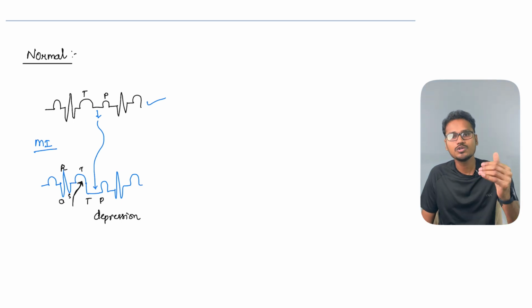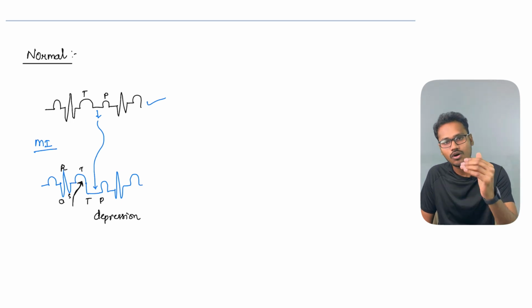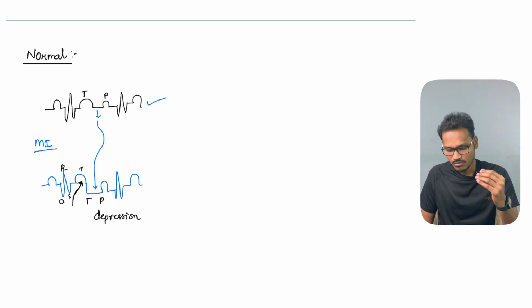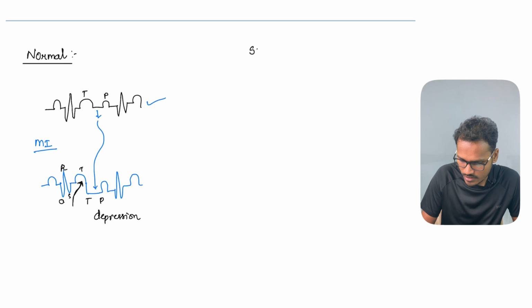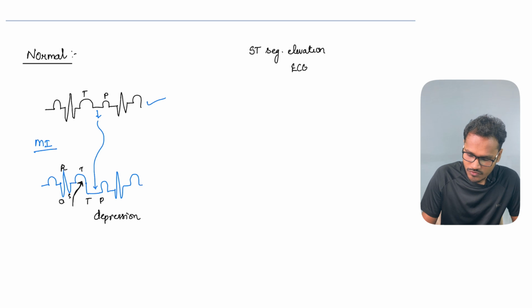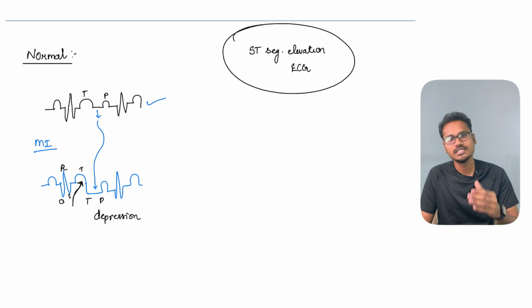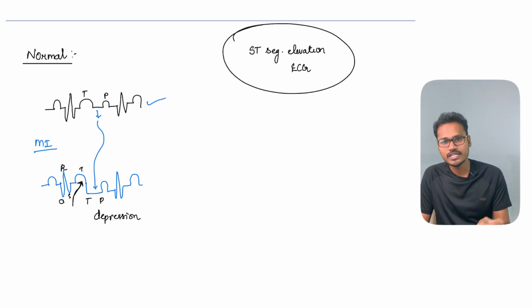That is why both the groups, whether it is due to the prolonged action potential causing a proper ST segment elevation or a TP depression, both of it will finally look like an ST segment elevation in an ECG. I guess most of you would not have understood this while you are reading it, whether it is due to TP depression or due to a proper ST elevation. Both of them we will look in the ECG and find the ST segment elevation.